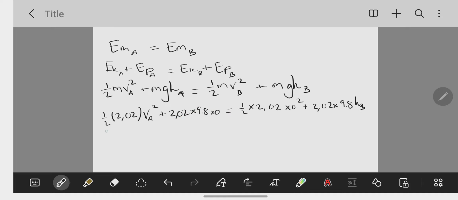So let's simplify. So half times 2,02 becomes 1,01. VA squared is equals to 2,02 times 9,8 HB. I'll leave it as that. So we need to get what HB is.